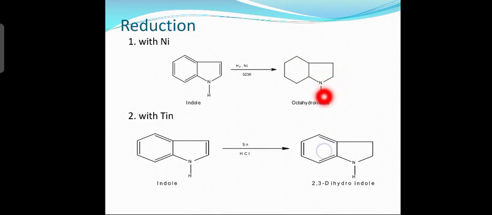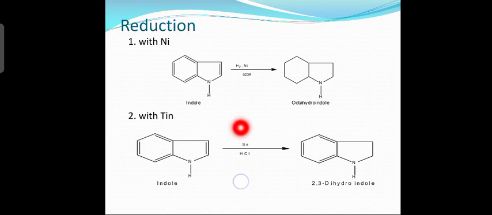Only the NH group remains in the pentagon, and CH2 will be formed at all the corners here. This is octahydroindole. At 8 positions hydrogen atoms are added. So therefore octahydroindole.